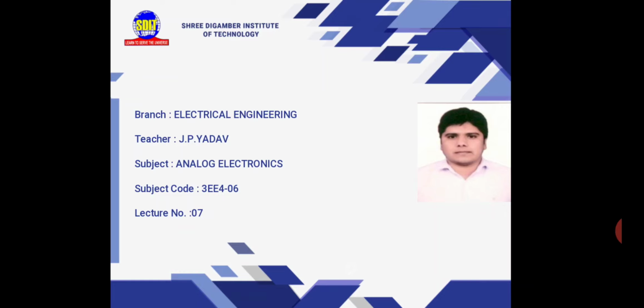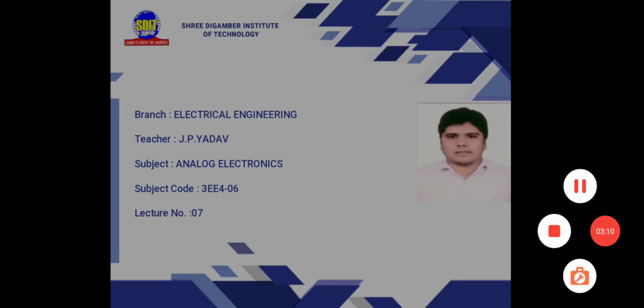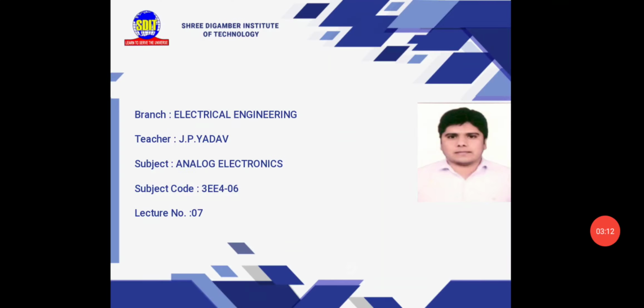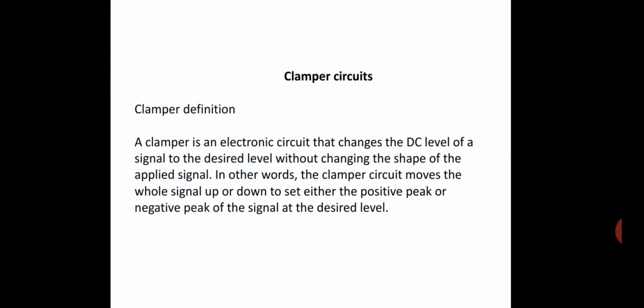In clipper circuits, we do not use energy storage devices like capacitors and inductors, but in a clamper circuit we use an energy storage device like a capacitor.